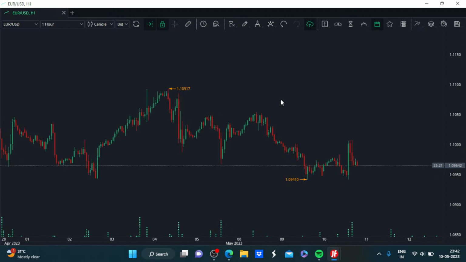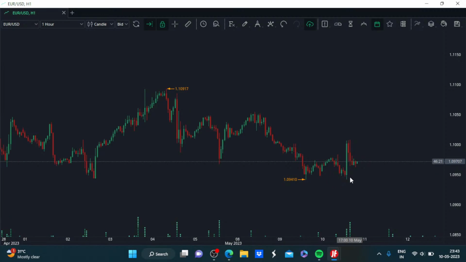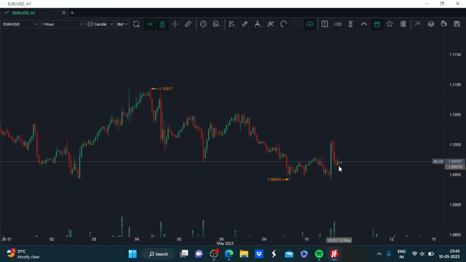This long candle was a result of the US CPI, where there was a sharp spike in the dollar on the lower side. As the dollar depreciated, we saw most of these major currencies gaining ground and appreciating against the dollar. After that, the euro has lost some of its ground, but it is still up compared to where it was at the start of that event. Now we will look at that release at some other point.